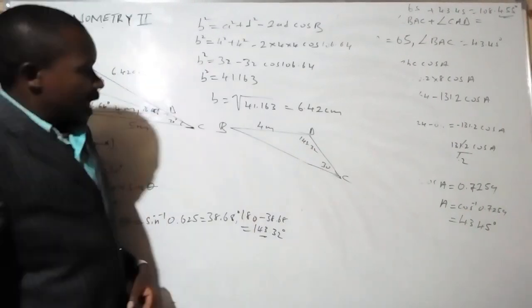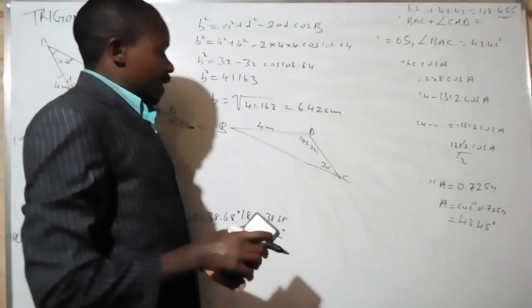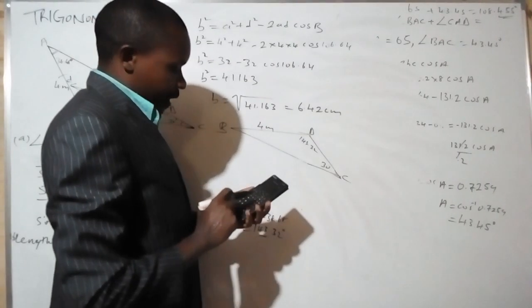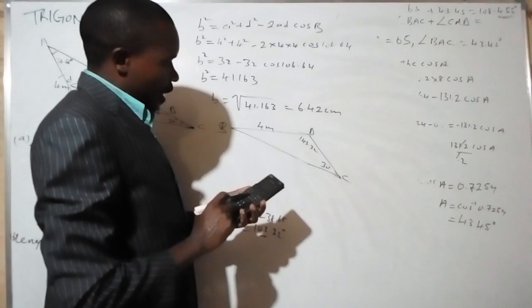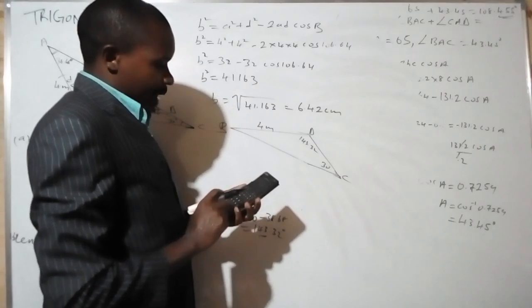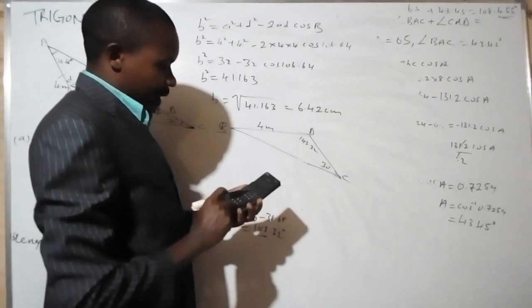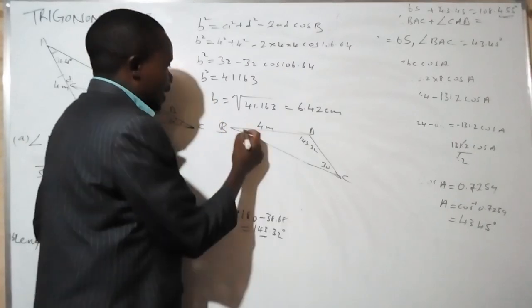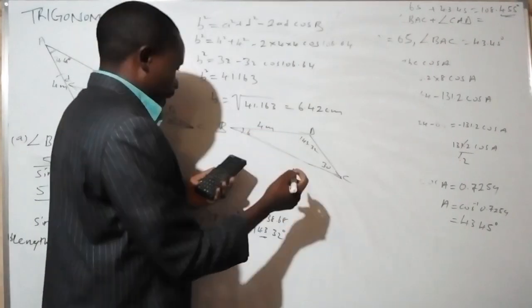Angles in a triangle add up to 180. You can get this angle here: 143.32 plus 30, we get 173. 180 minus the answer, this angle is 6.68 degrees.